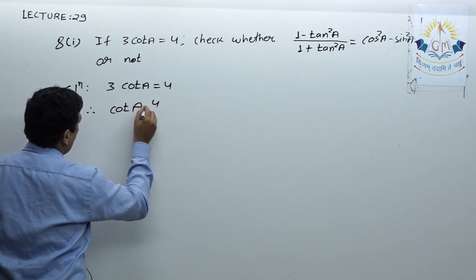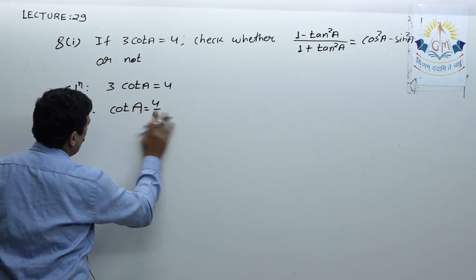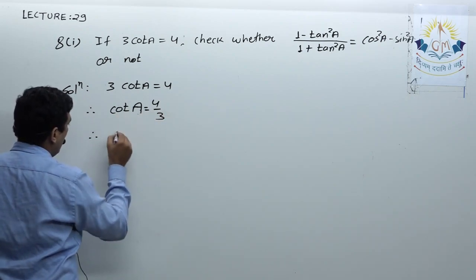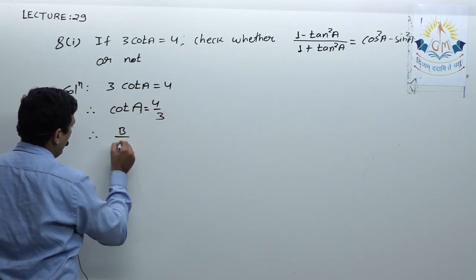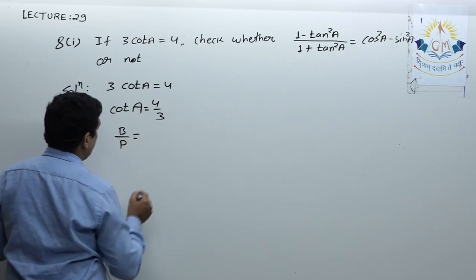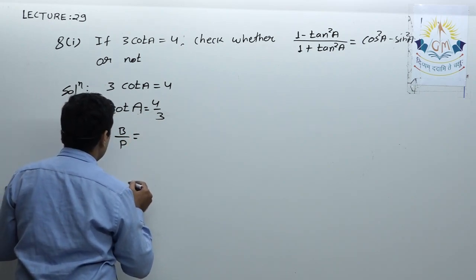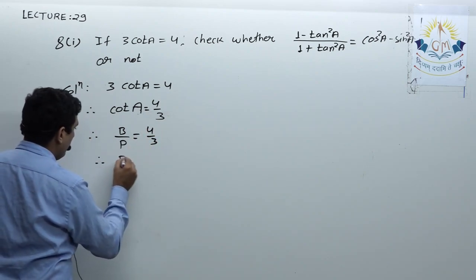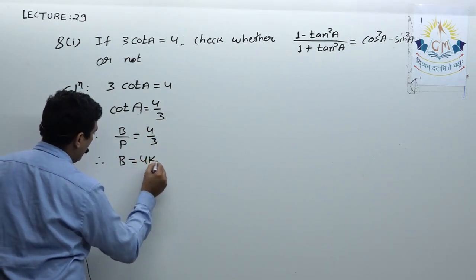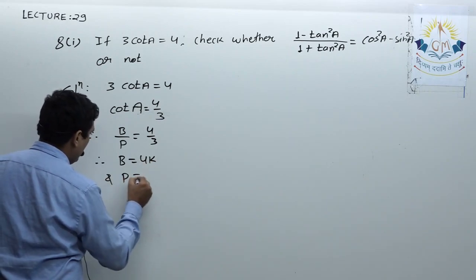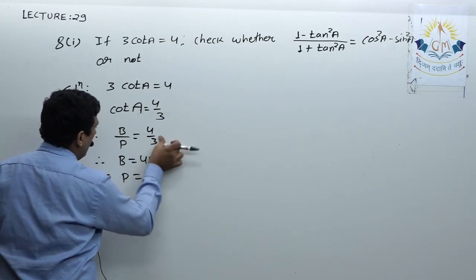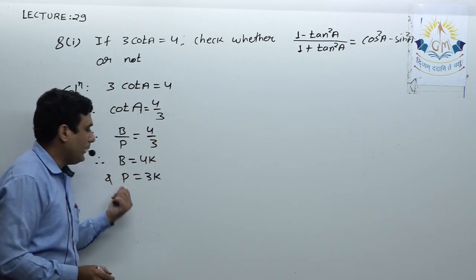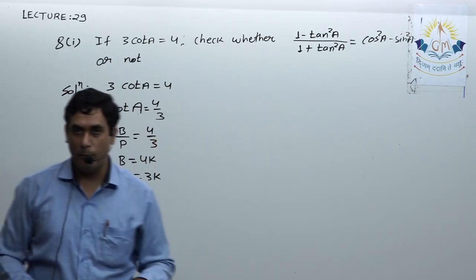Cot A is equal to 4 by 3, or I can say cot A is equal to base upon perpendicular. So B is equal to 4k and P is equal to 3k. Base and perpendicular are there, we have to find the hypotenuse.